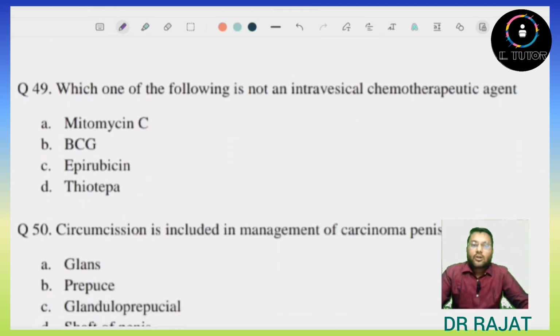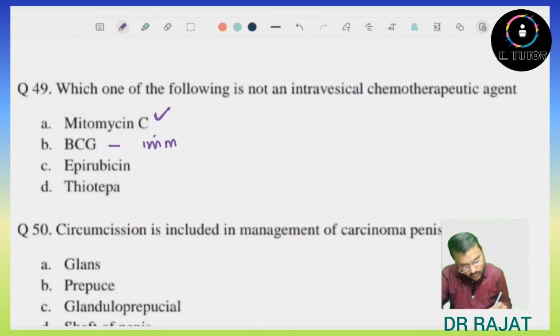Which of the following is not a intravesical chemotherapeutic agent? So mitomycin C is there. It is a chemotherapeutic agent. BCG is immunotherapeutic agent.